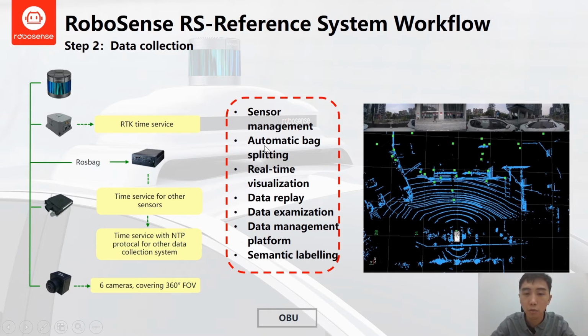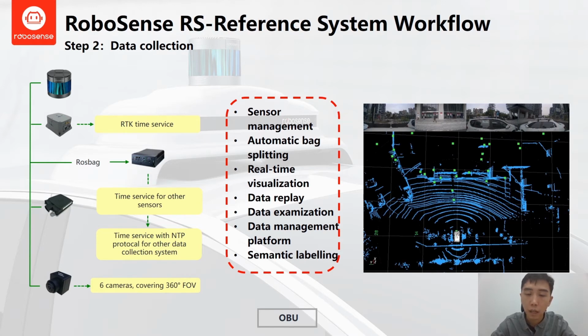So we provide an automatic bag splitting function. The software will split the raw spec based on some standard, for example the distance, the time, or the size of the bag file. And the operator can also manually split the bag file by just clicking one button.